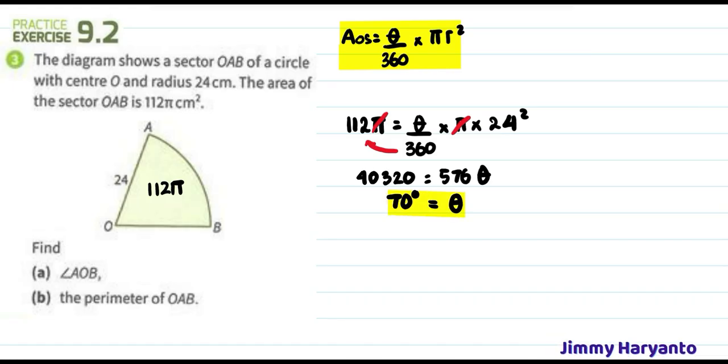And then the question wants you to find the perimeter of OAB. The formula of arc length is theta over 360 times 2 pi r.